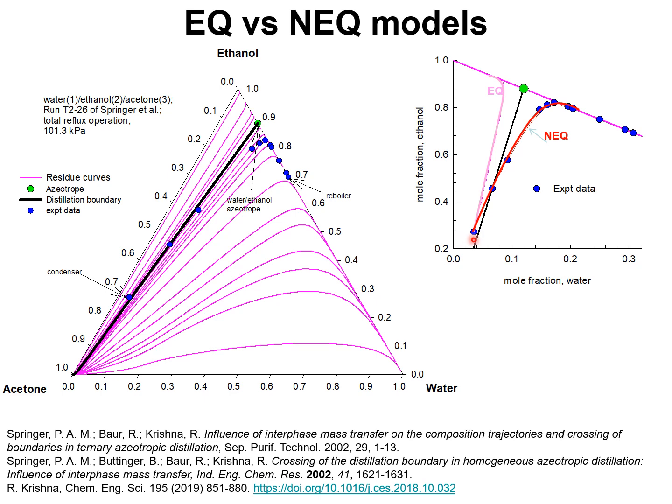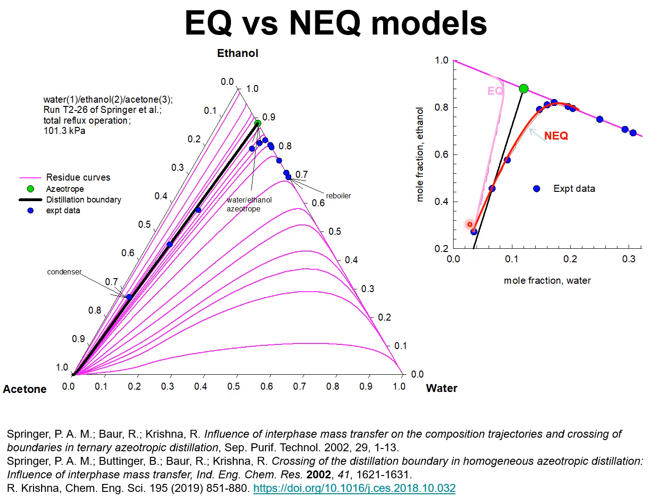Starting with the experimental value of the condenser composition, if the equilibrium stage model were to be used in simulating the distillation column, the trajectory that would follow is shown by the pink line here.